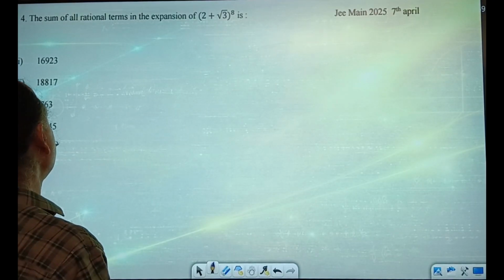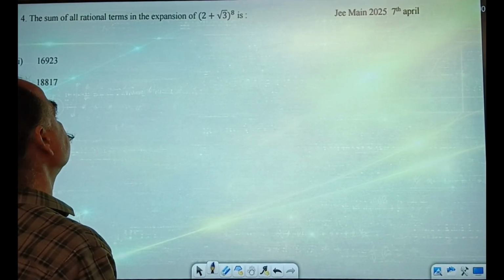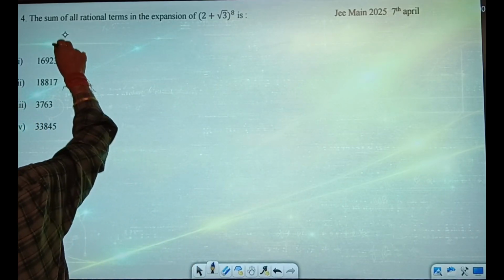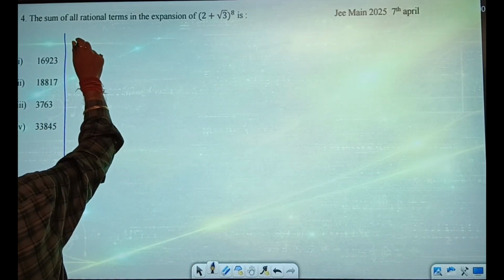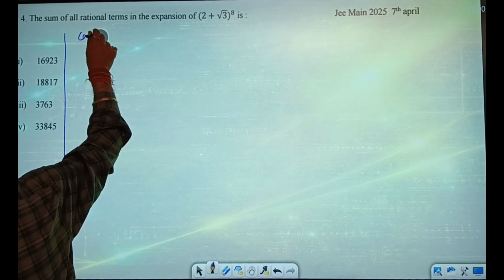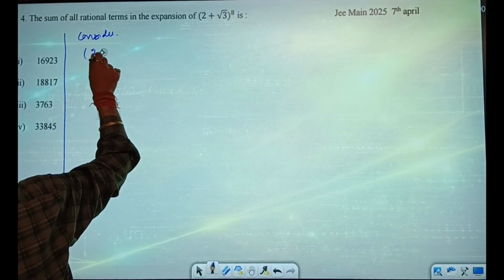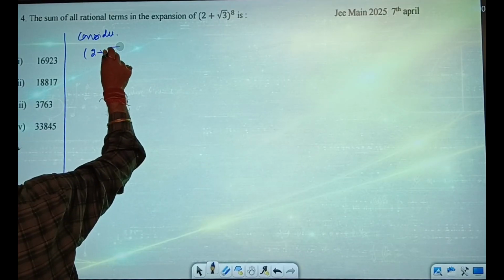Next one is the sum of all rational terms in the expansion of (2 + root 3) raised to 8.